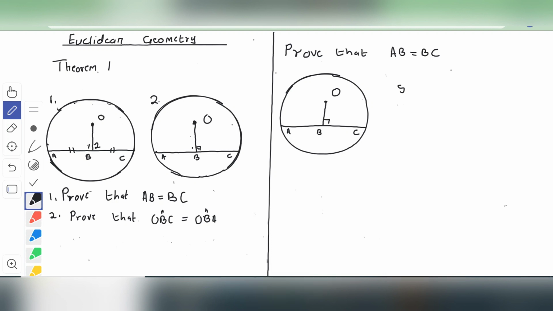Here it is. Prove that AB is equals to what? BC. Like I said, whenever they want you to prove that AB is equals to BC, they are going to give you the second diagram, right?